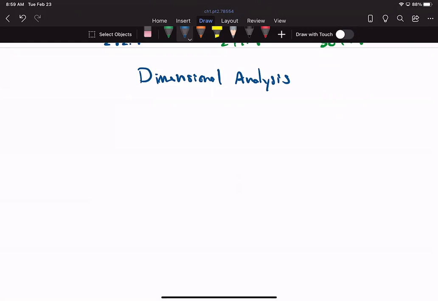What we use for dimensional analysis is what we're going to call a unit conversion factor.